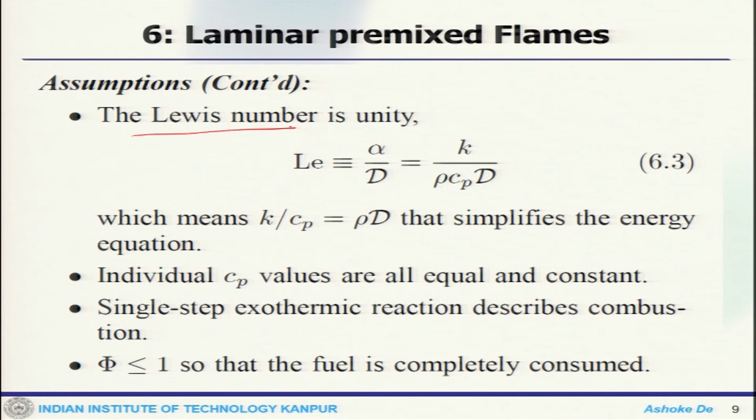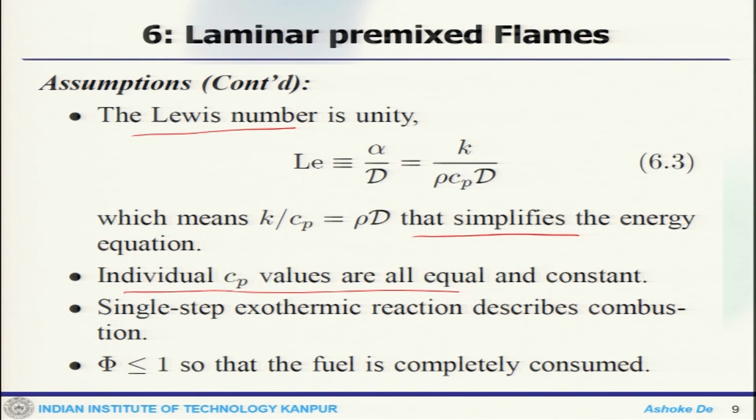That means thermal diffusion and mass diffusion are occurring at the same rate. If it is 1, thermal diffusivity and mass diffusivity are of the same order. This helps because it simplifies the energy equation. Now, individual Cp values of all species are equal and constant.